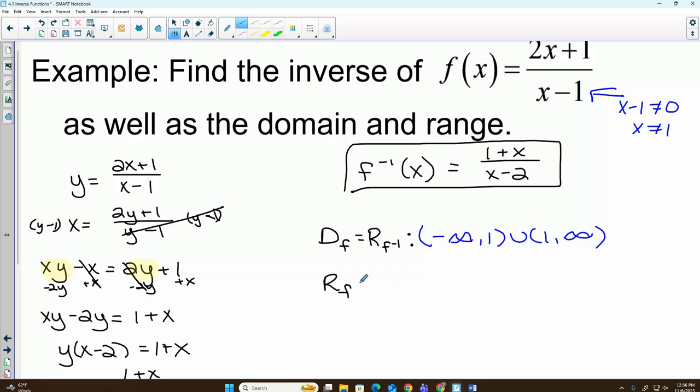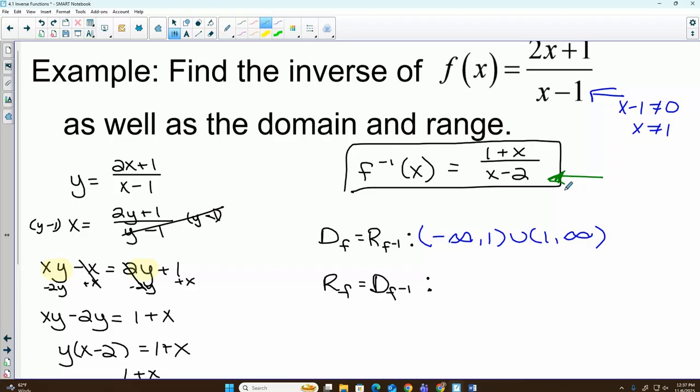What would the range of my function also be the same as? Domain of our inverse. The range, so the y's in the original became my x's. So the range of the function is the domain of my inverse. Now I may not know how to just look at this and tell the range of my function, but can you tell me the domain of this inverse?